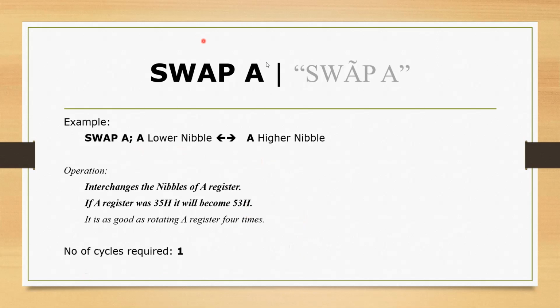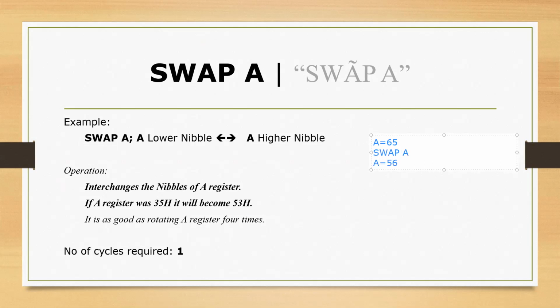If previously the content of the A register is 65, then after the swap A instruction, the A register will get the value 56.